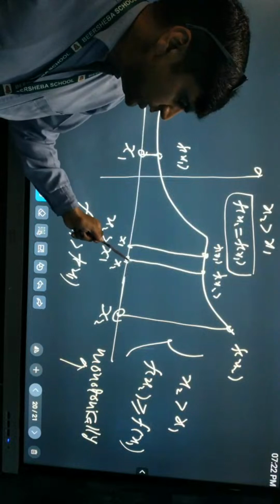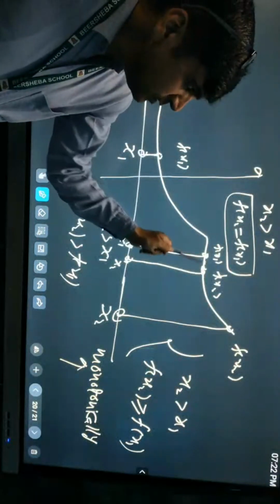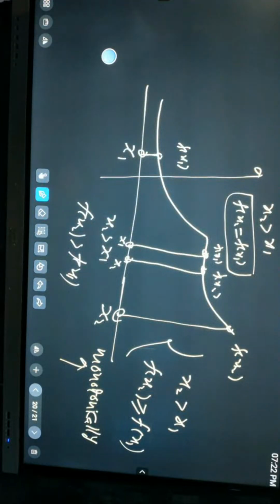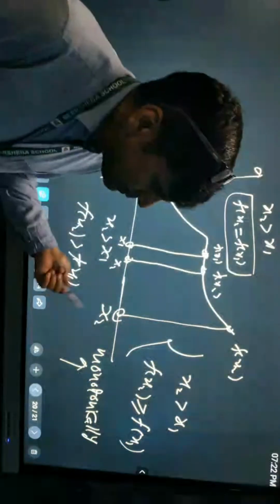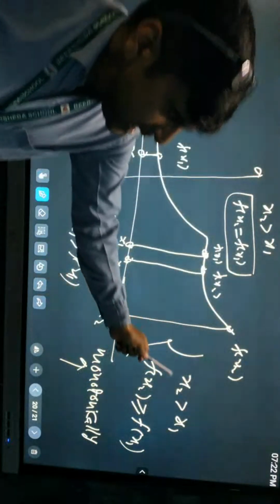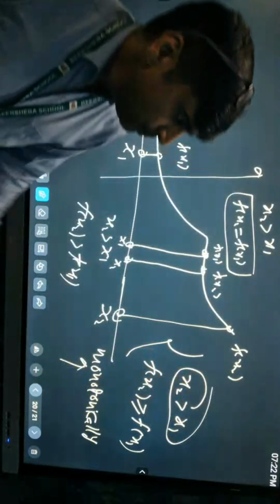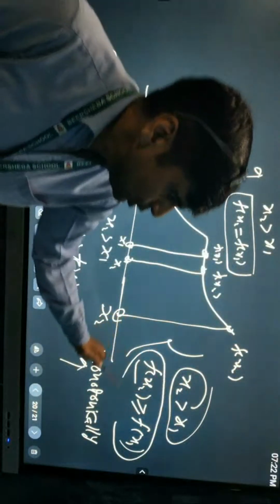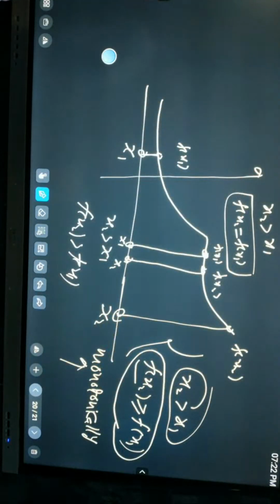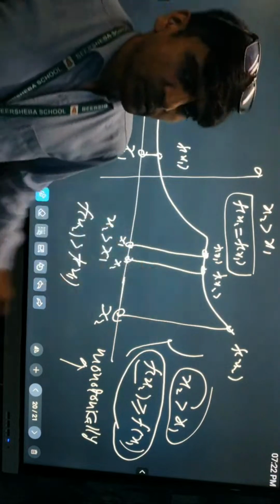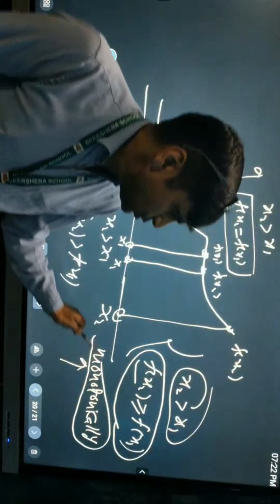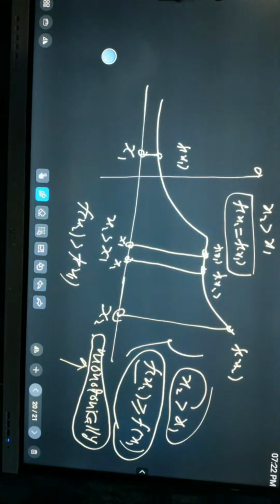From this, x2 is greater than x1 and the functional value at both the points is same. It means after summarizing this concept, x2 greater than x1, but the functional value at x2 is always greater or equal बच्चों. Greater भी हो सकती है, equal भी हो सकती है. Then this is known as monotonically increasing function बच्चों.